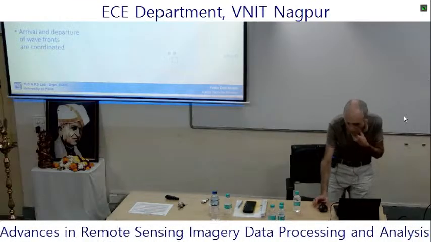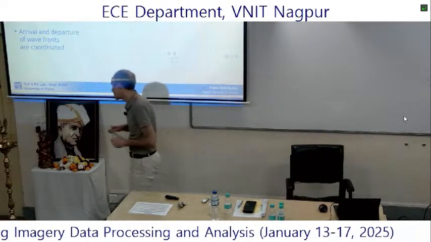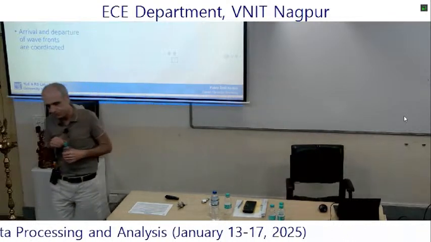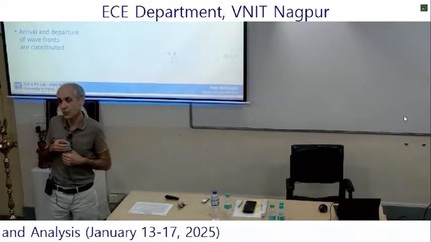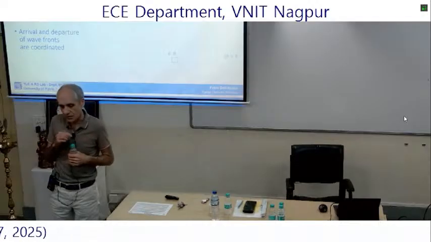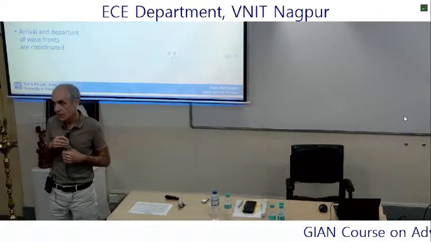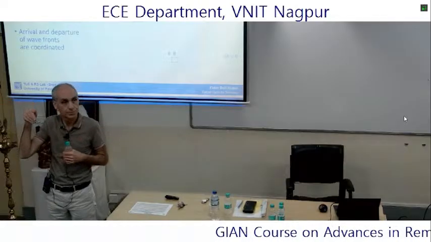That one fact that I only mentioned very briefly, but it is very important in this context, is that the acquisition of radar data, for reasons that we will see shortly, always happens from an oblique angle.